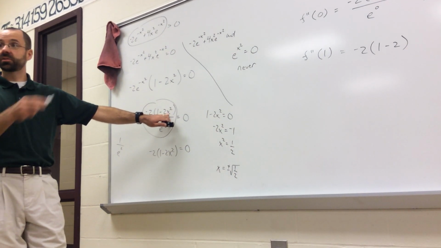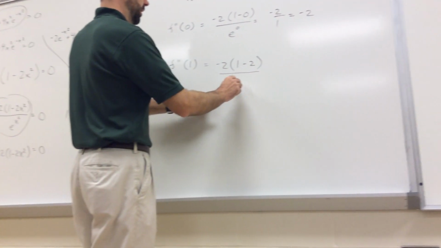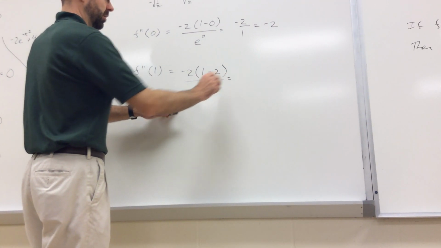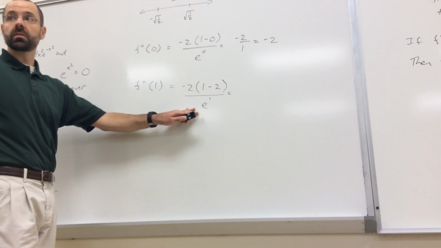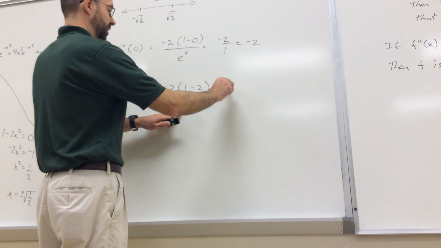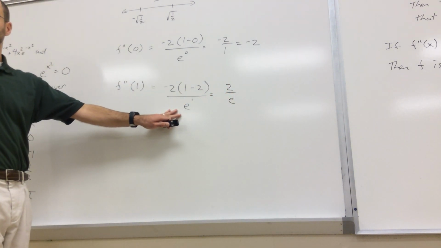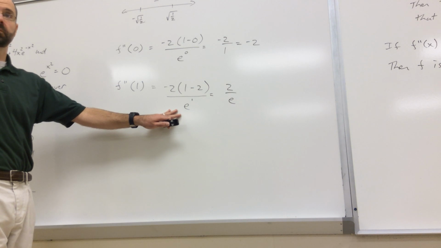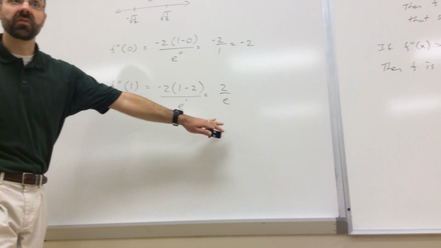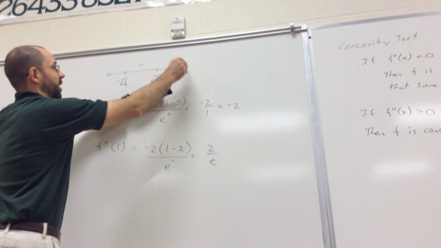And then 2 times 1 is 2, all over e to the first power, because 1 squared is 1. So that's positive 2 over e. So that's a positive number. So that tells me that the second derivative is positive up there.